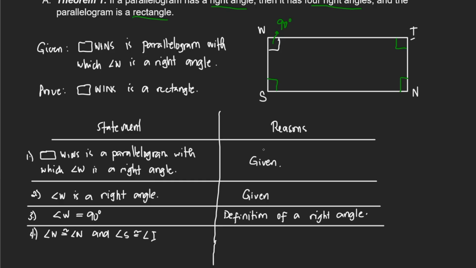Ano yung na-observe natin? So yung W daw natin is congruent daw kay N. Ano yung possible reason natin dyan?